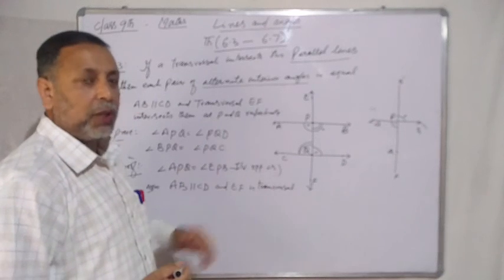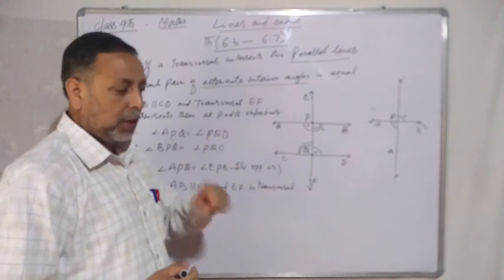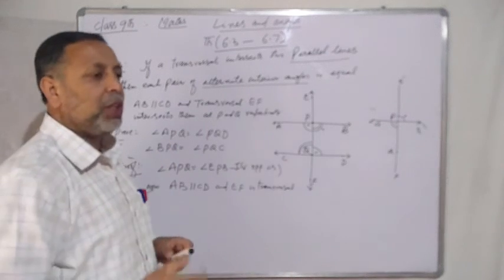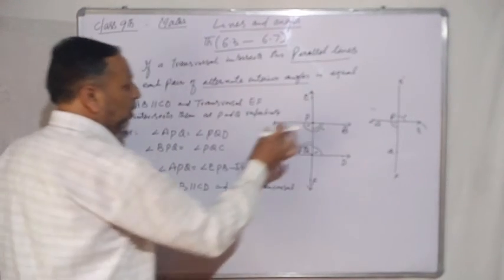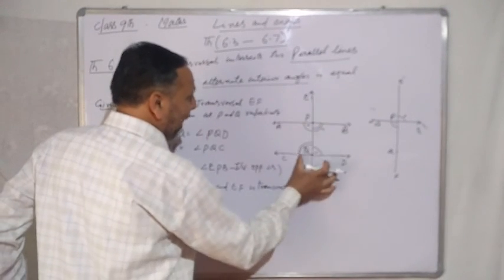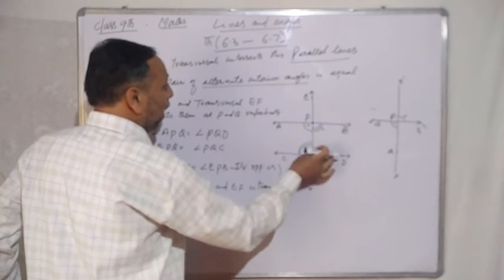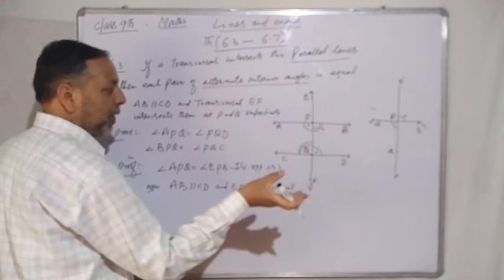If you have not viewed that video, a link is given in the description box. Please, you see that video first. If two parallel lines are intersected by a transversal, then pairs of corresponding angles are equal. This is corresponding angle axiom.